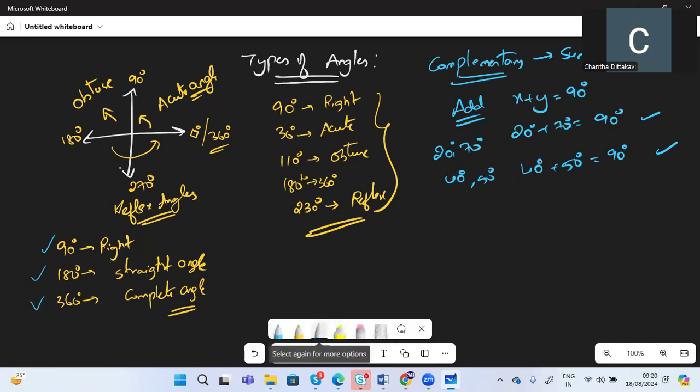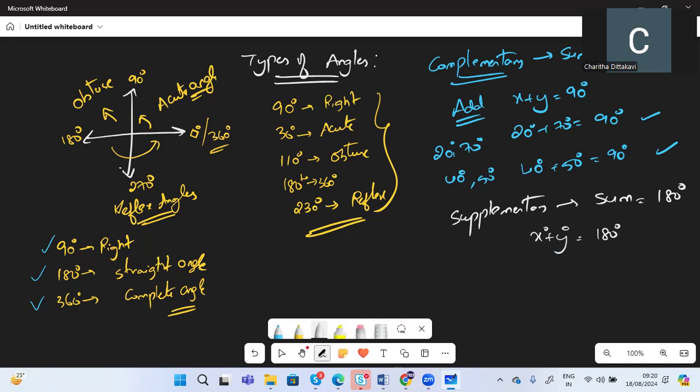Similarly, there is some other pair called supplementary. So what is a supplementary pair? Supplementary angles are those whose sum will be 180 degrees. That means when you add x plus y degrees, it should turn out to be 180 degrees. If I give 100 degrees, the other one will obviously be 80 degrees, because 100 plus 80, you are getting 180.